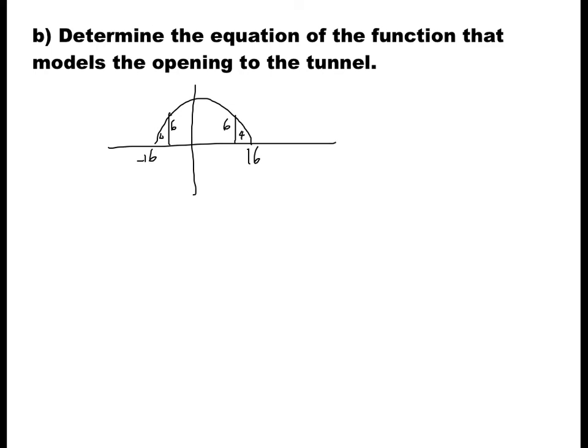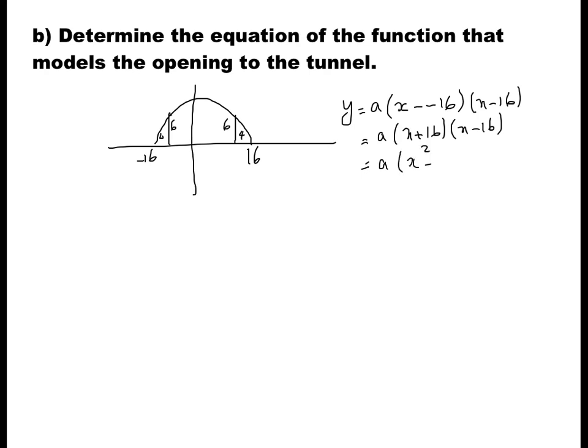So the family of quadratic equations is going to be y is equal to a times x minus 16 times x plus 16, which I can write as a times x squared minus 16 squared, which is going to be a times x squared minus 256.